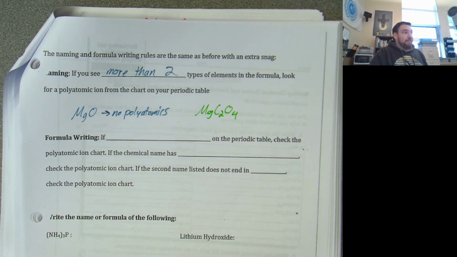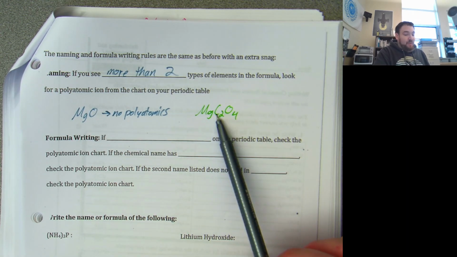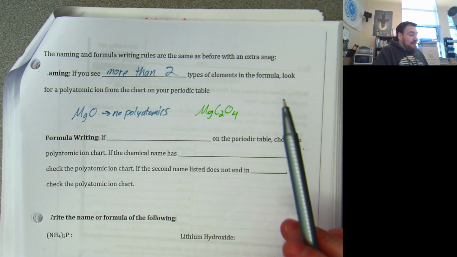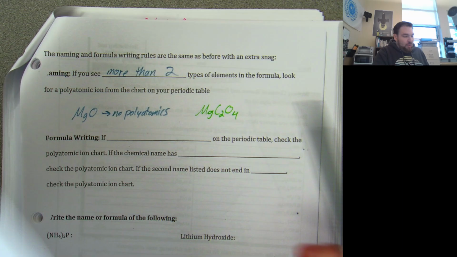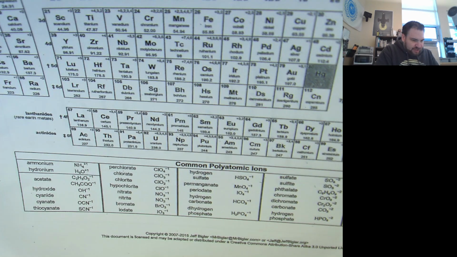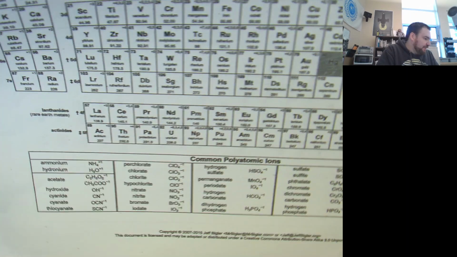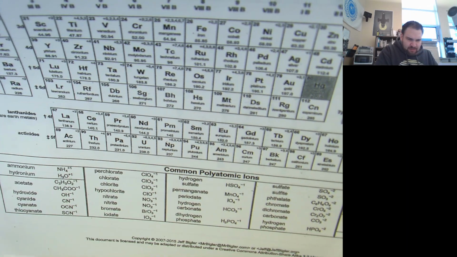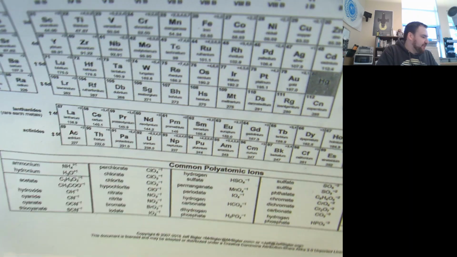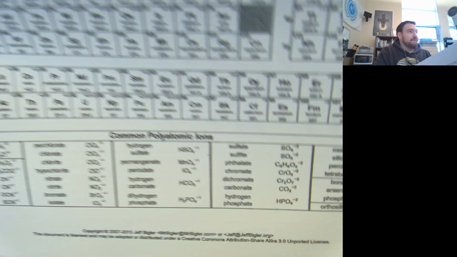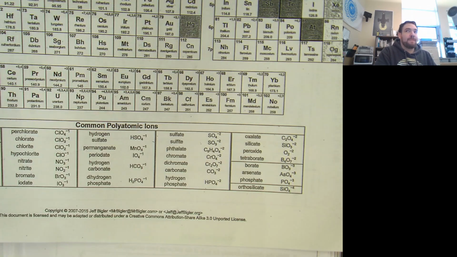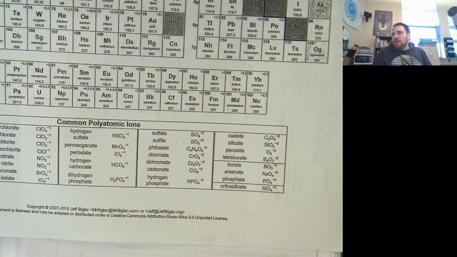Every capital letter represents the start of another element. So Mg is 1, C is 1, O is 1. I've got 3 elements. Now I have to go look at the table. Is it the Mg and the C? Is it the C and the O? Let's take a look. I'm looking for either C2O4 or MgC2. Take a look at the big table and let me know when you find it, because it's on there.